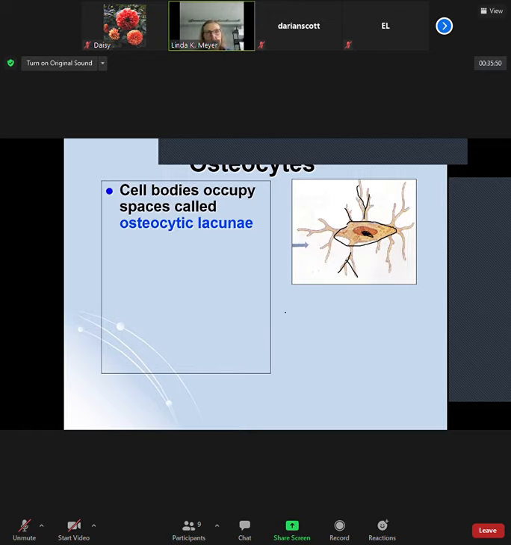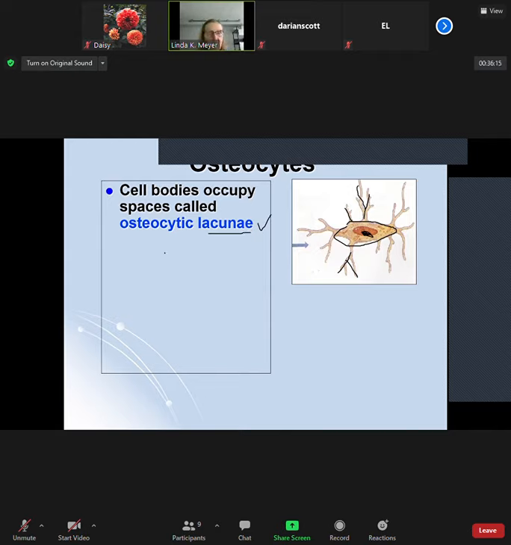And osteocytes, remember, they become entrapped as bone is forming. They're former osteoblasts. And what happens is the tissue all around them mineralizes, but the space where their cell body is found is called an osteocytic lacuna.